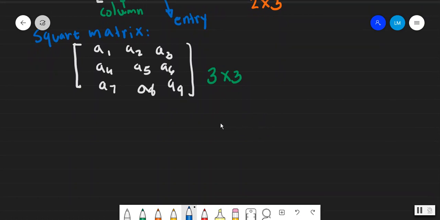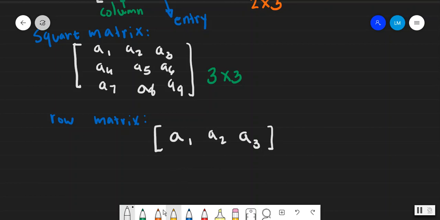So you should expect that a square matrix is exactly as it sounds. But we also have something called a row matrix. Whenever we talk about a row matrix, it's exactly as it sounds too. There's just a single row of entries, like A1, A2, and then A3, which in this case has dimensions 1 by 3.